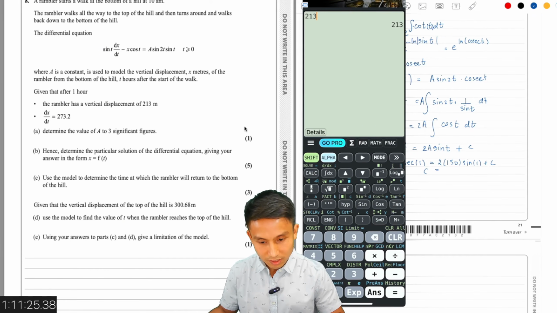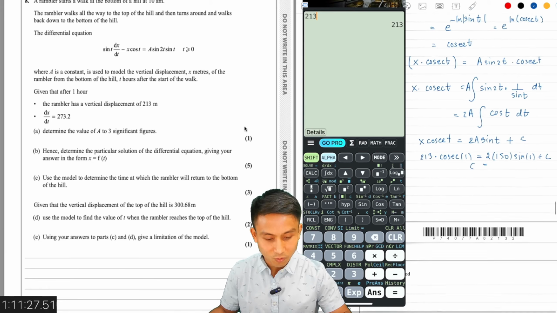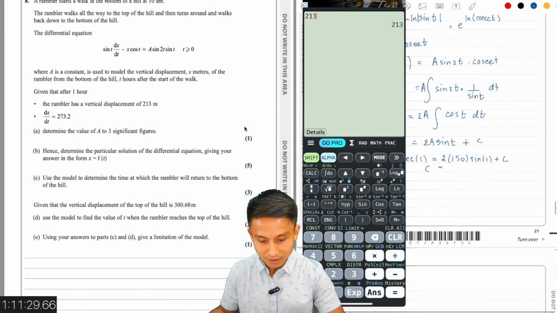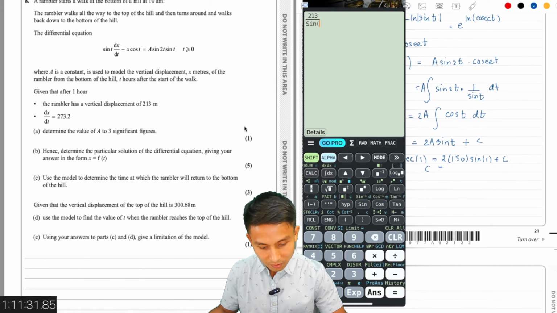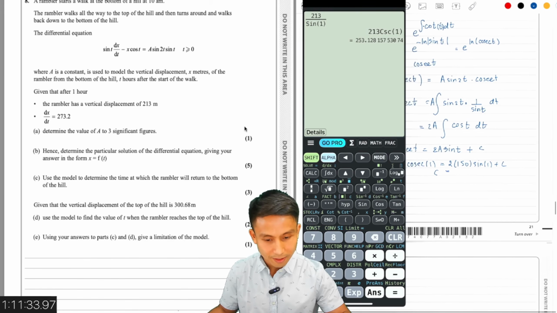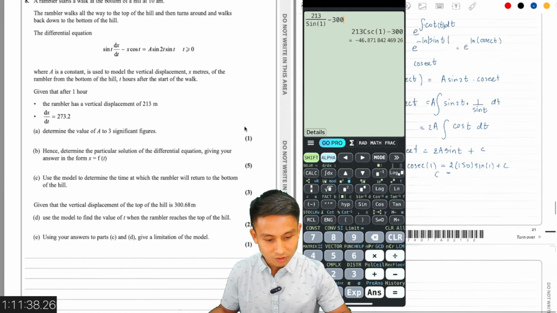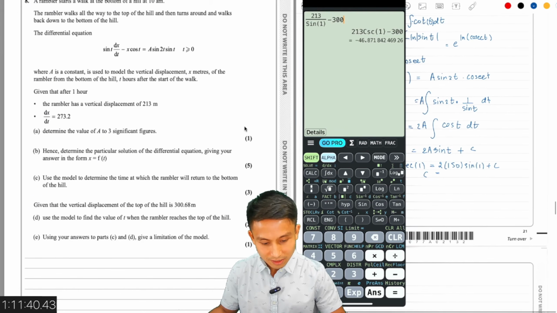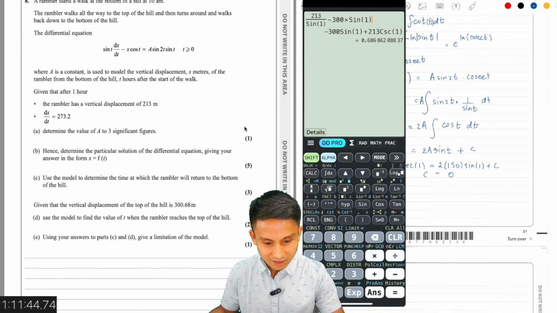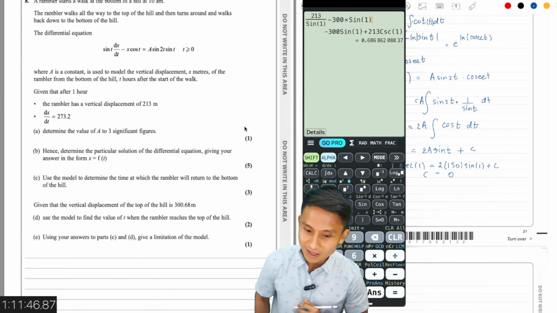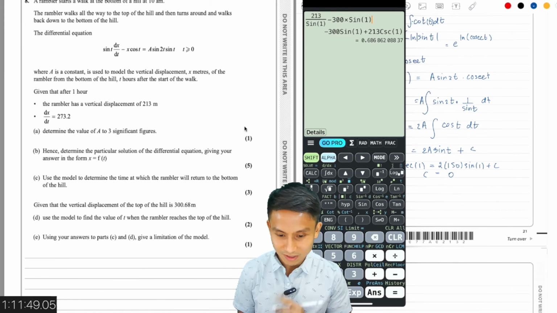So 213 cosec is 1 over sine, right? So it's just divided by sine 1 there, okay? And then that's going to have to minus 300, which is 2 times 150 times sine 1 as well. So that's not what? Really? Okay, that's a bit weird, huh?